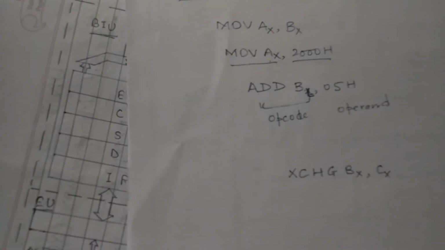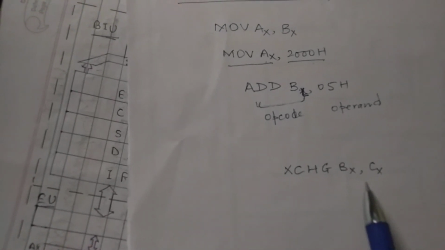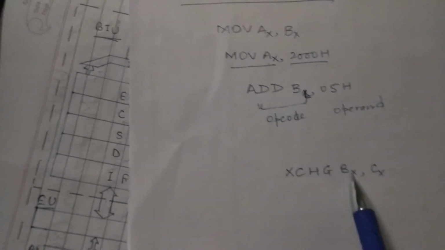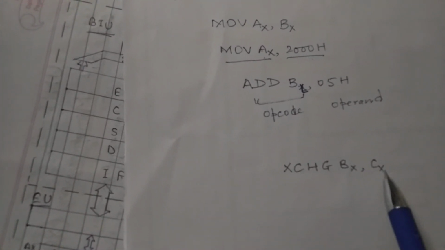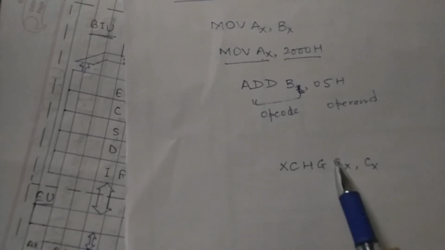Suppose that any instruction XCHG BX, CX. This is an exchange instruction. This instruction is used to exchange the data between registers BX and CX. These two are 16-bit registers. Now, how can it be exchanged? Suppose that we replace the content of BX by the content of CX, then this content will be lost.